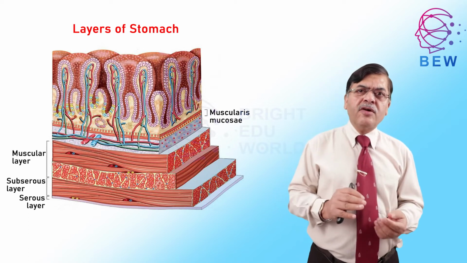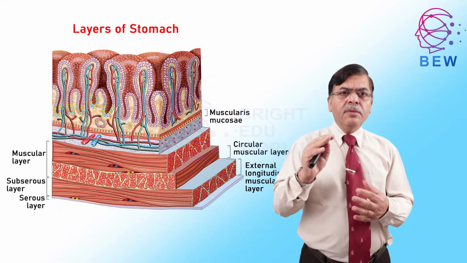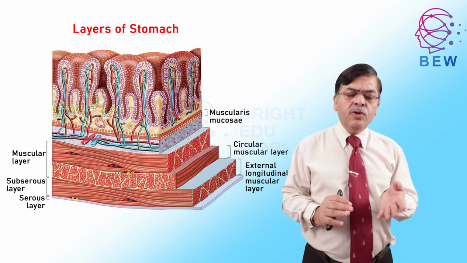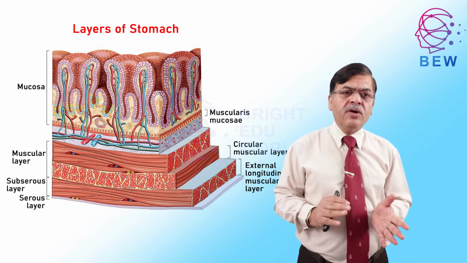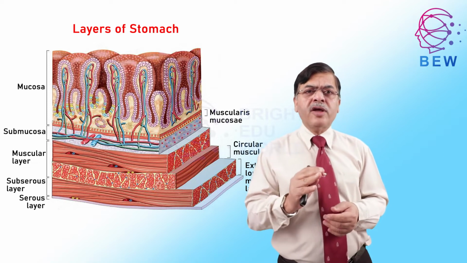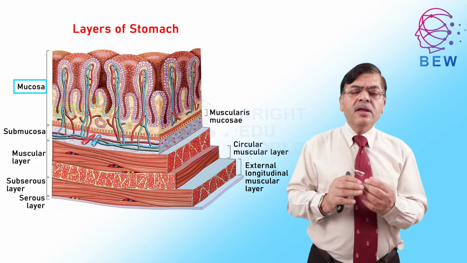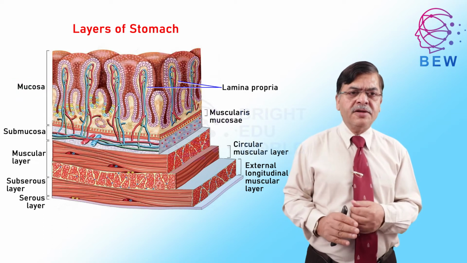The muscle layer is of longitudinal and circular. Between the muscle and the innermost part, which is the mucosa, there is a well defined layer called submucosa or submucous coat. The mucous membrane has got a well-defined lamina underneath that.